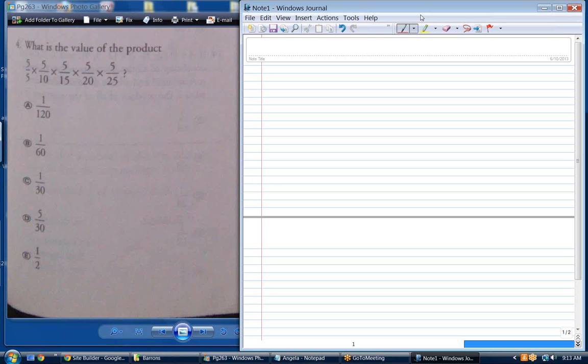Yes, that's the trick. So we have 1 times 1/2 times 1/3 times 1/4 times 1/5. Now it becomes a far simpler problem to get 1 over 120.